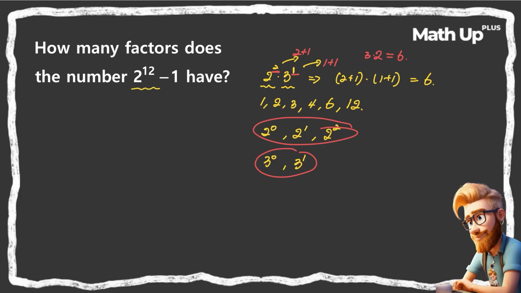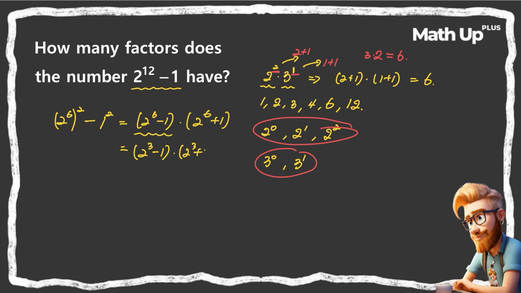We have this number. Let's find the prime factorization of this number. 2 to the 12 is 2 to the 6 squared, minus 1 squared. So that is equal to 2 to the 6 minus 1 times 2 to the 6 plus 1. And 2 to the 6 minus 1 can be written as 2 cubed minus 1 times 2 cubed plus 1.